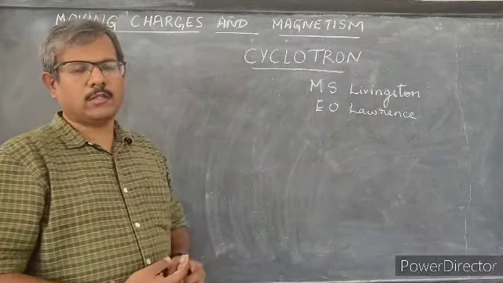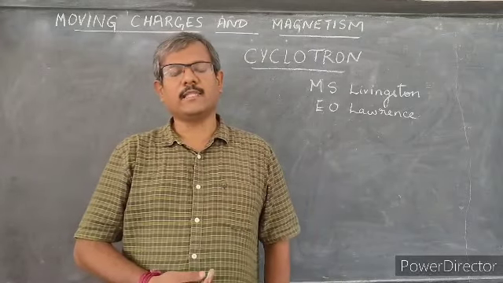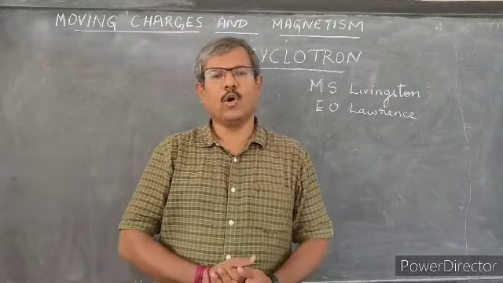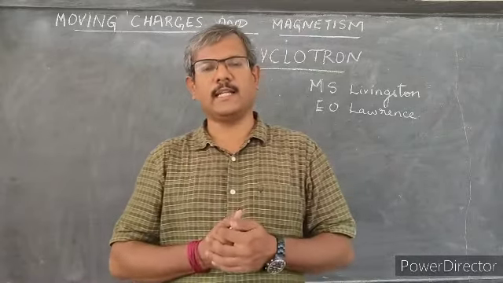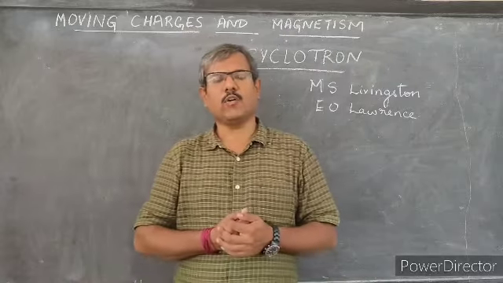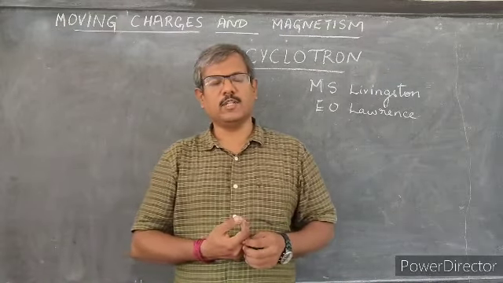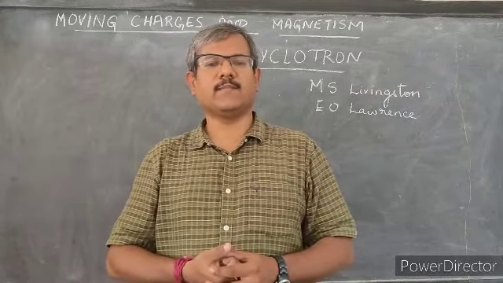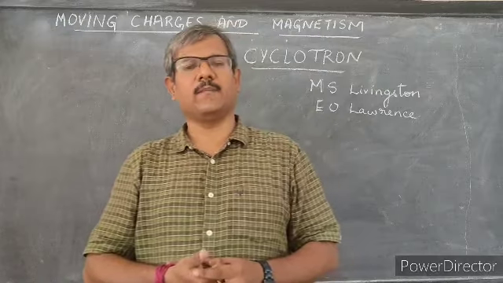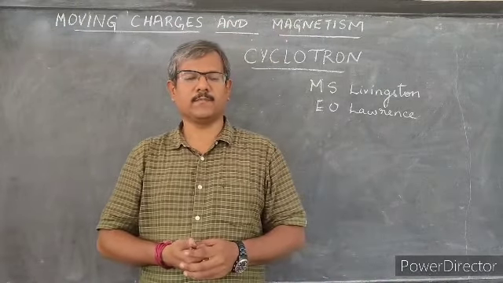So a cyclotron is a device that takes advantage of the combined behavior of charged particles in the presence of an electric field and a magnetic field. In the last video lecture, we discussed how charged particles behave in a combined magnetic and electric field.